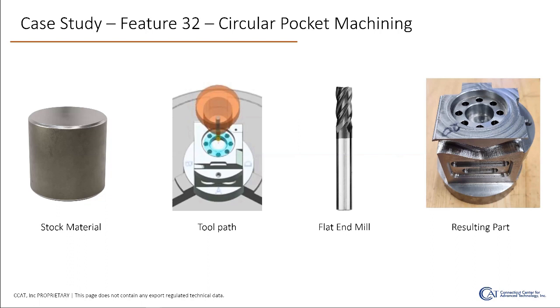You can see the tool path of what we call feature number 32, which is a circular pocket at the top of the part. So it's a spiral type machining tool path. You can see the end mill that we use is a 1/4-inch flat end mill, and then the resulting part on the right. So again, we're talking about that top pocket where you see the additional drilled holes.